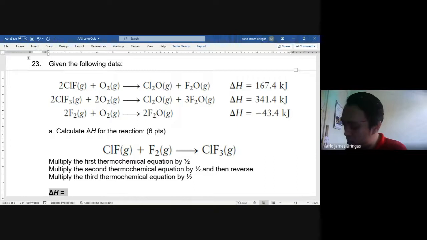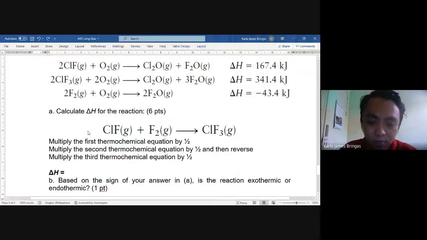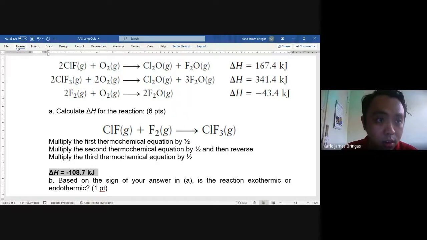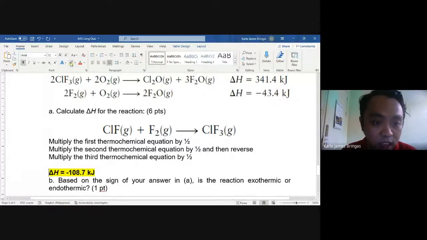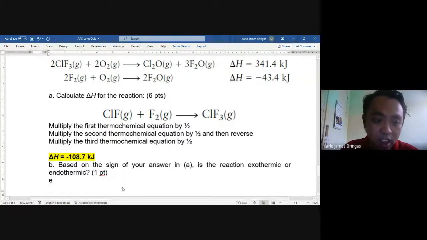This one is then equal to negative 108.7 kilojoules. And since you have a delta H that has a negative sign, this one is an exothermic reaction.